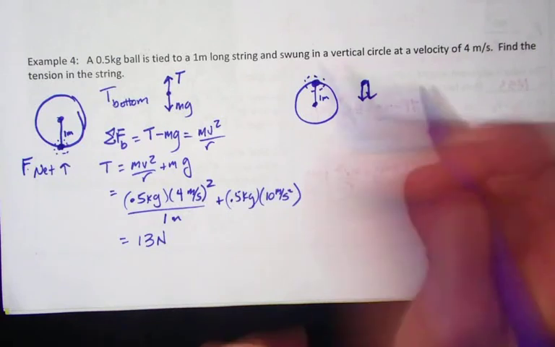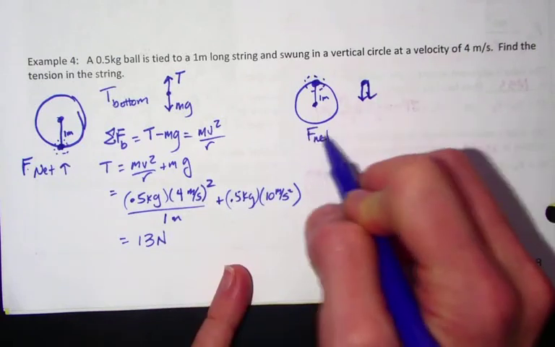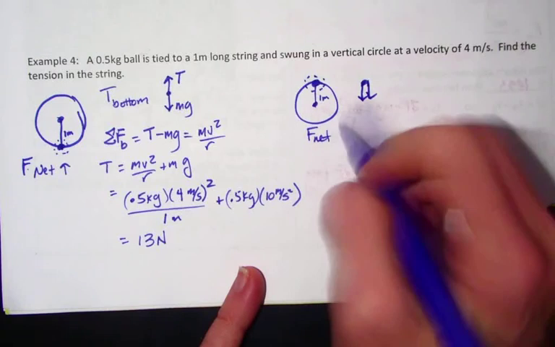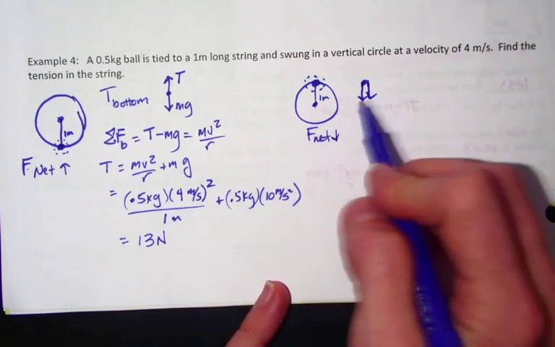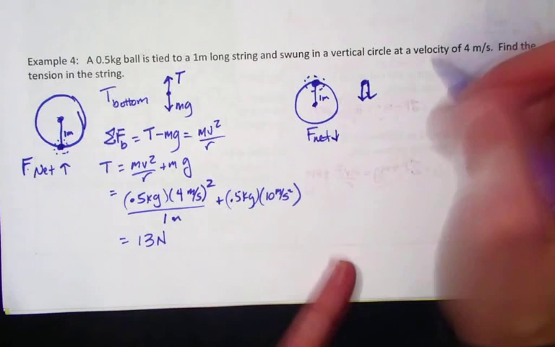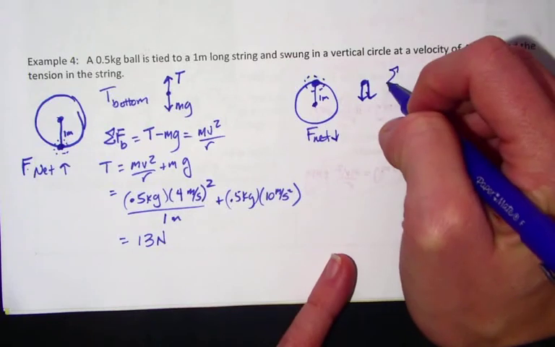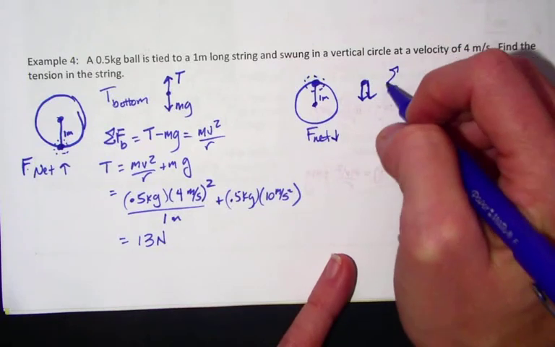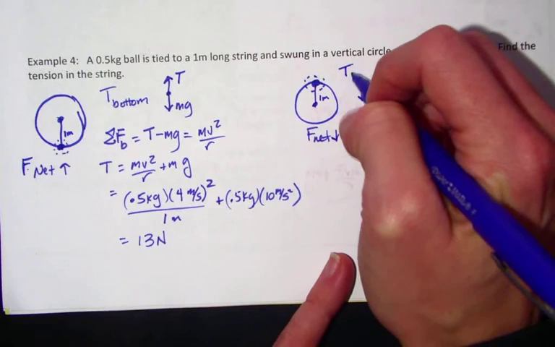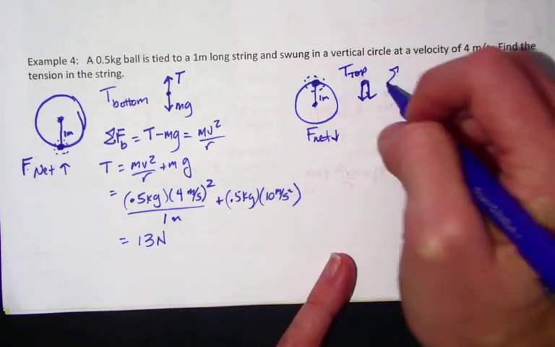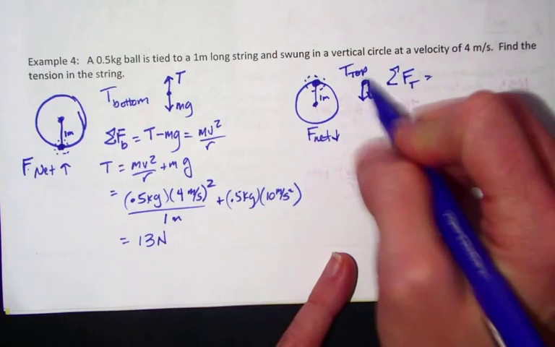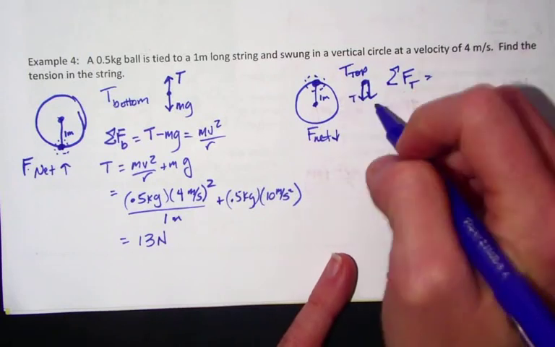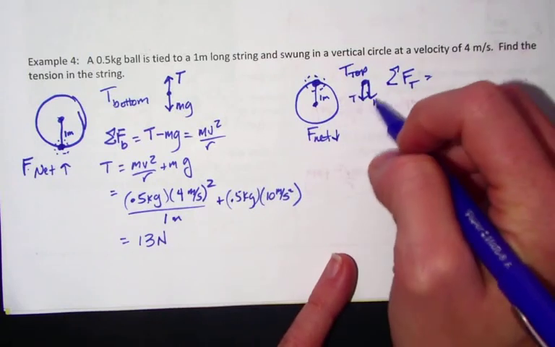And this time, for the net force to be toward the center of the circle, the positive net force is down. So these are both positive forces. So when we find the sum of the forces for the top, we are adding the tension force and the weight force.